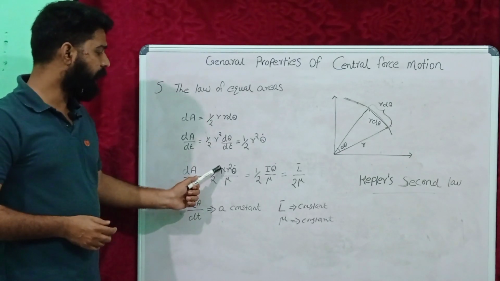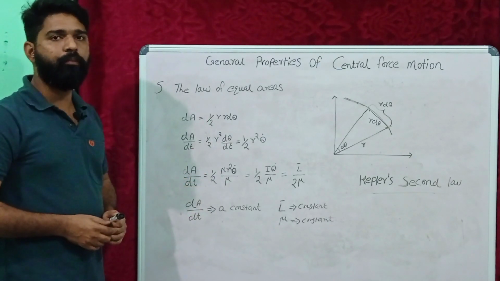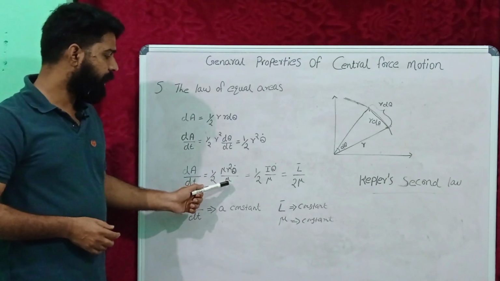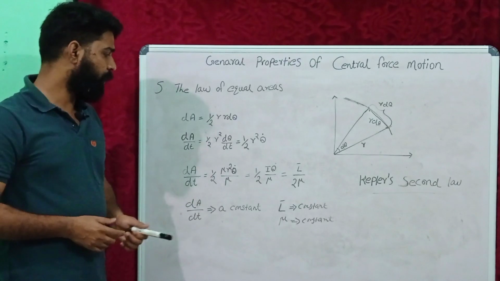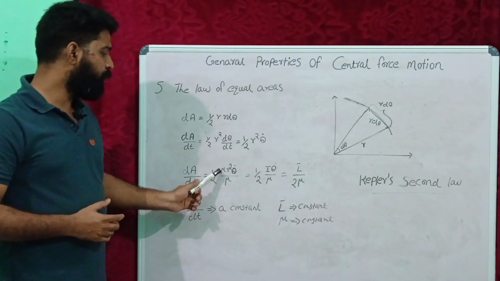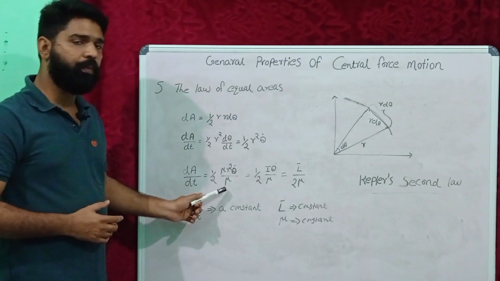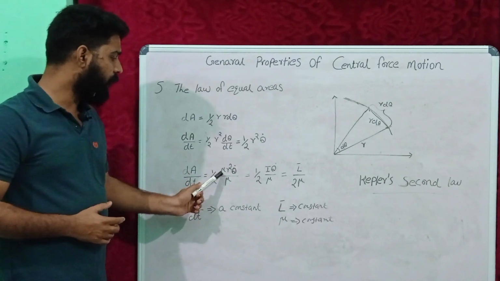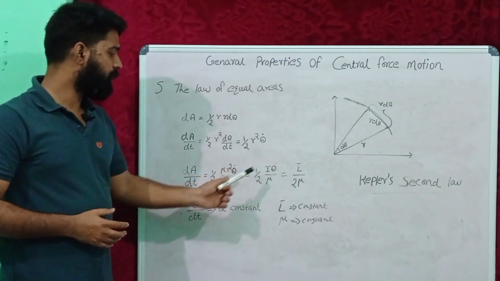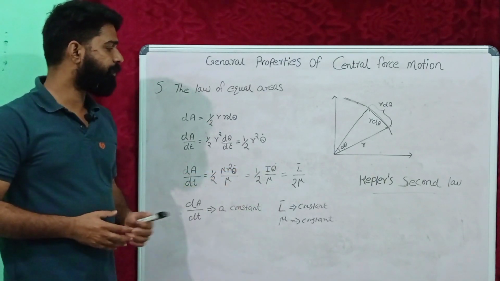Here we multiplied and divided by mu, so there is no effect. But 1 by 2 mu r squared theta dot divided by mu, where mu r squared is equal to I, the moment of inertia, and theta dot divided by 2 mu.